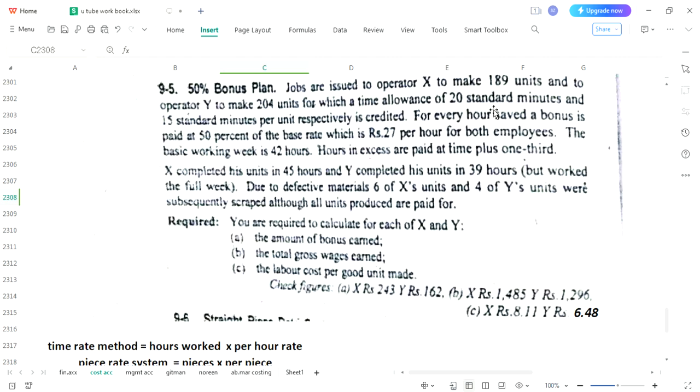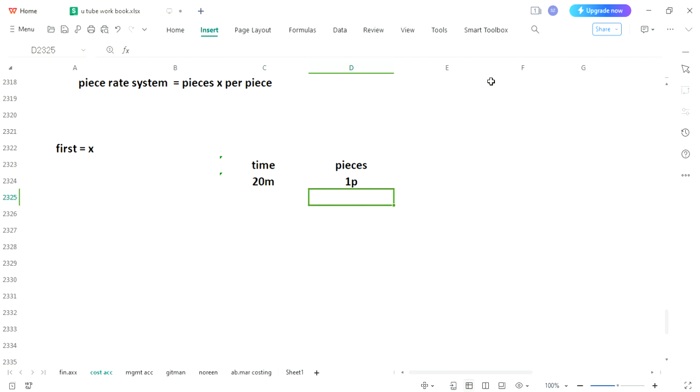Both are possible. Here the target of X was to make 189 units. So now we will calculate how much time is needed to manufacture 189 pieces. For one piece 20 minutes, how much time would be needed to manufacture 189 units?